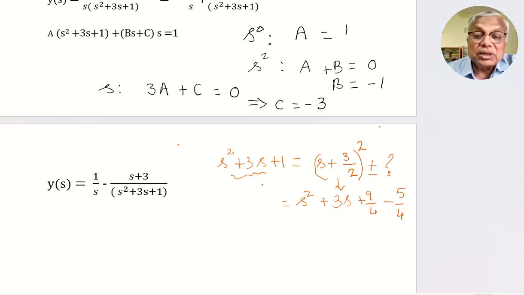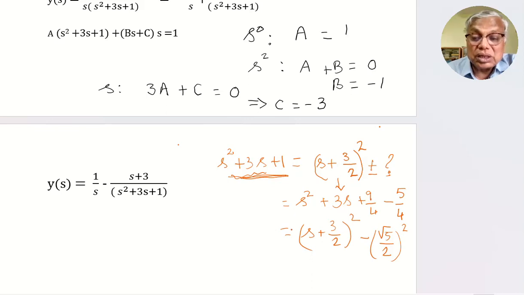Right? So this s square plus 3s plus 1 splits into s plus 3 by 2 whole square, that is the first term, minus 5 by 4. 5 by 4 is nothing but root 5 by 2 whole square. So I split this term s square plus 3s plus 1 into a difference of two squares, s plus 3 by 2 whole square minus root 5 by 2 whole square. So this is what I'm going to substitute for this.